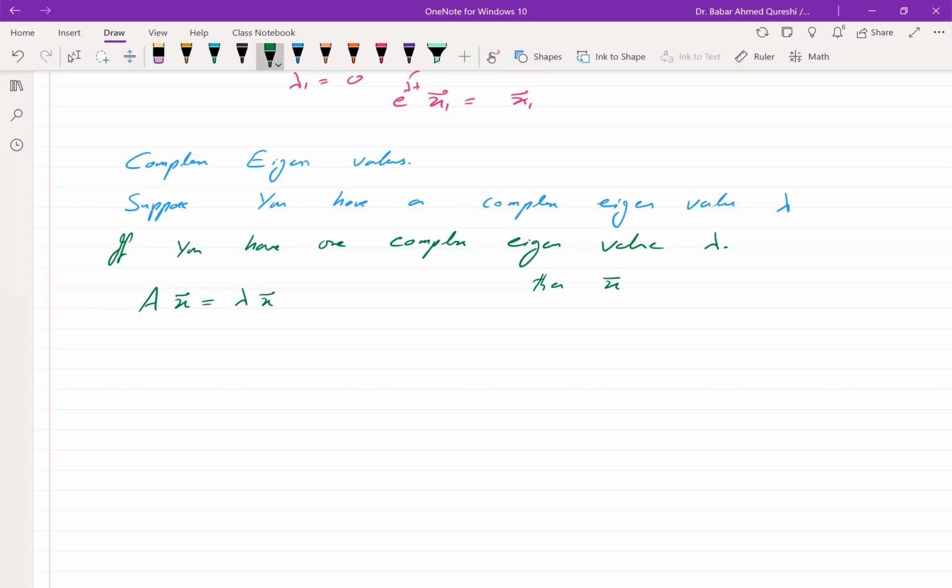then x can also be complex, but A is real.